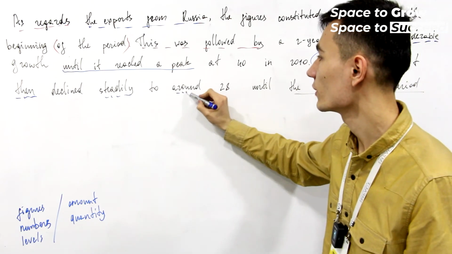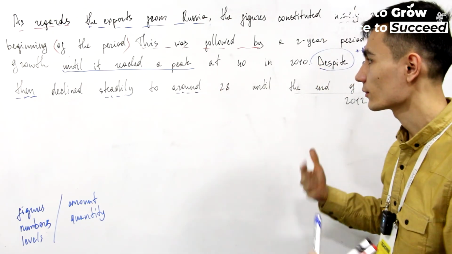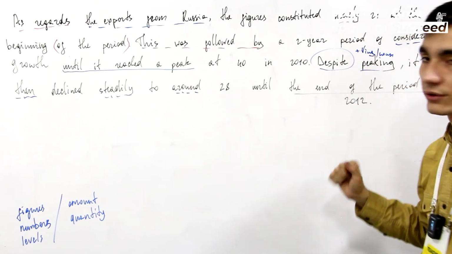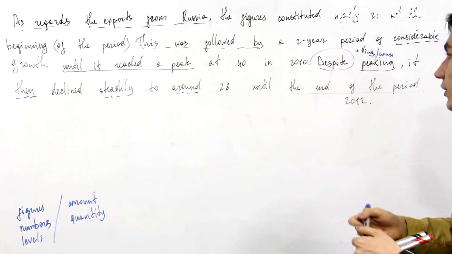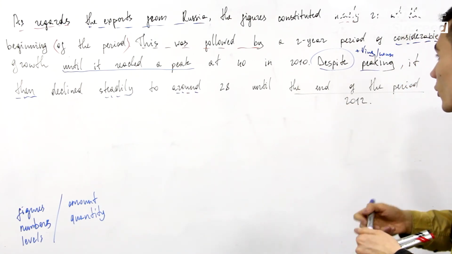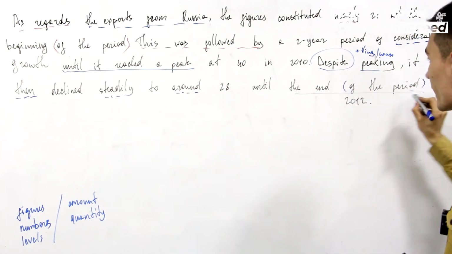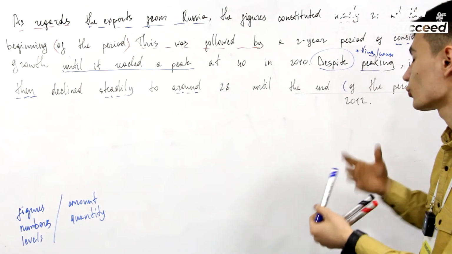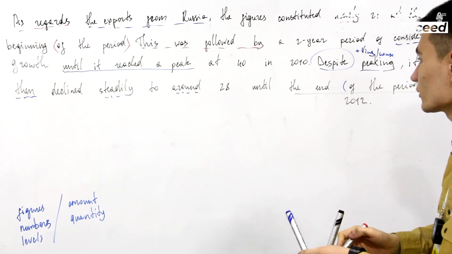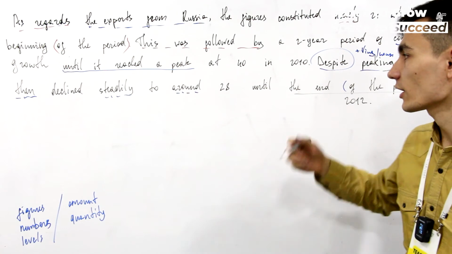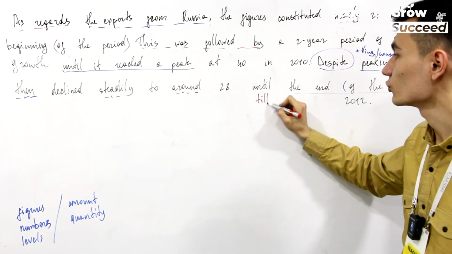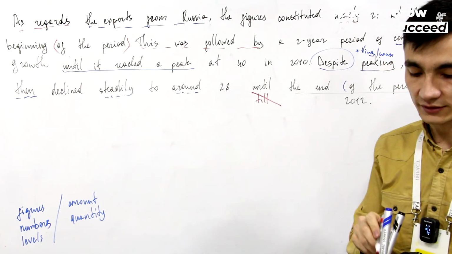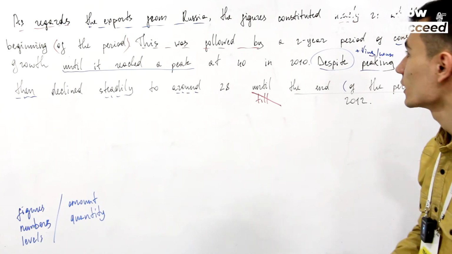You have to give these levels to protect yourself until the end of the period. I have two choices here: I can say "until the end of the period," or "until the end," or "until 2012." One thing you have to understand is that you cannot use the word "till" because it's an informal word.